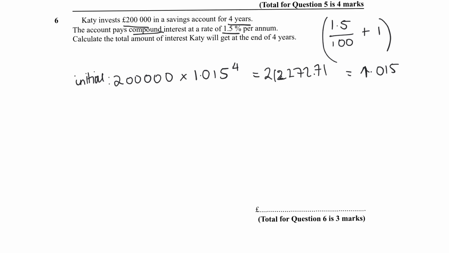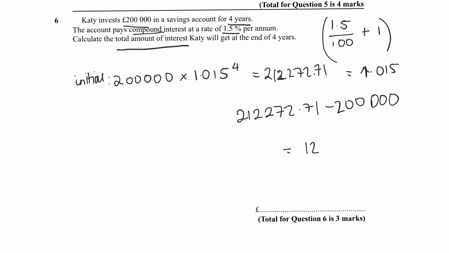And then, because now you want to actually work out the total amount of interest she gained, you would then do the answer that you just got in your calculator minus the initial value she received. And so this would just be how much interest she gained over 4 years.